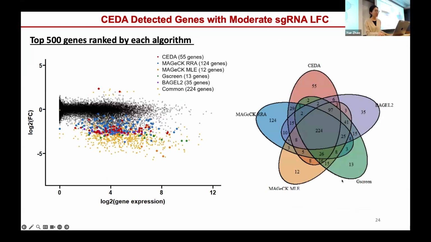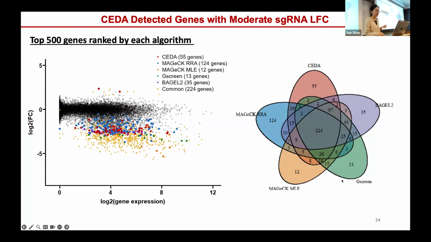So we further compare the top 500 genes ranked by each method. There are over 200 genes commonly selected by all the 5 methods, and those are the yellow ones here. You can see they tend to have large log fold change. This is easy to understand, because genes with larger log fold change are easier to identify as selected genes.